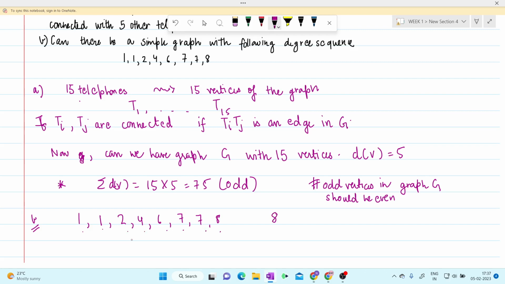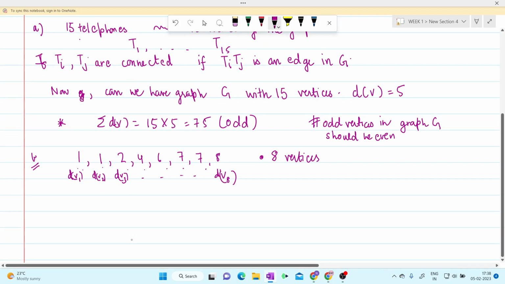So we are saying that we have 8 vertices, and the degree of the first vertex is 1, the degree of the second vertex is 2, and so on. These give the degrees of each vertex: dv1, dv2, dv3 and so on. Do you think we can have a graph with the following degree sequence?